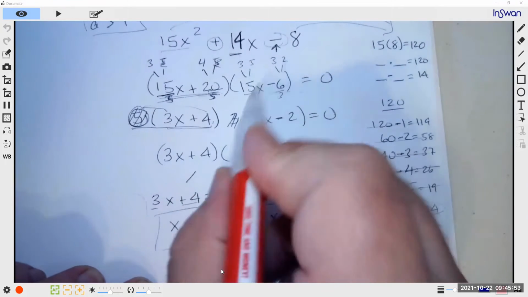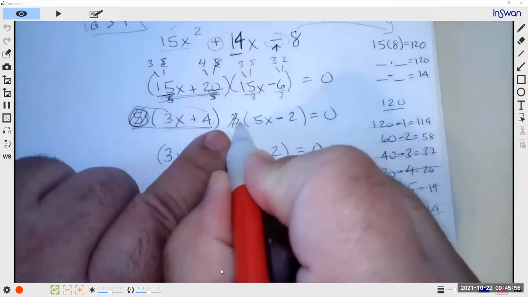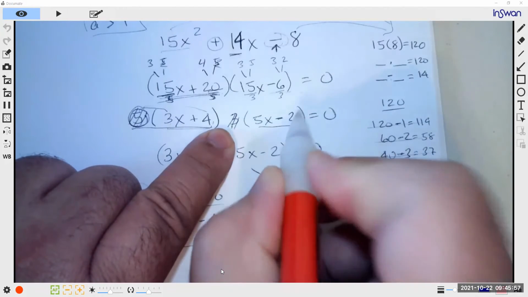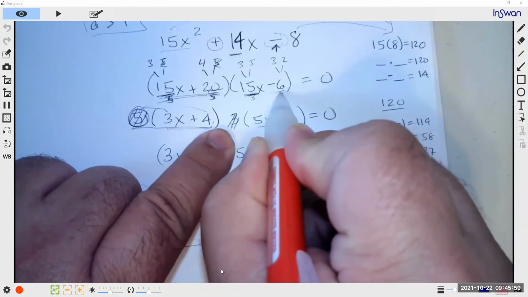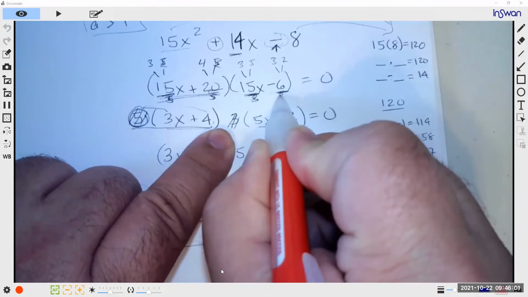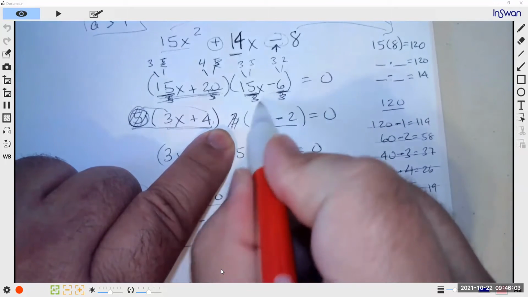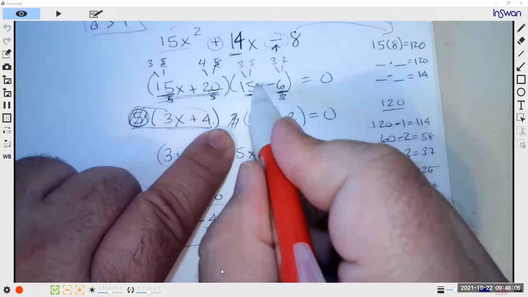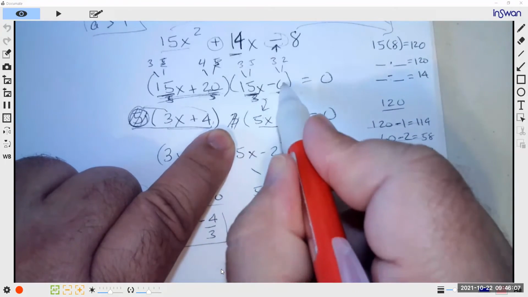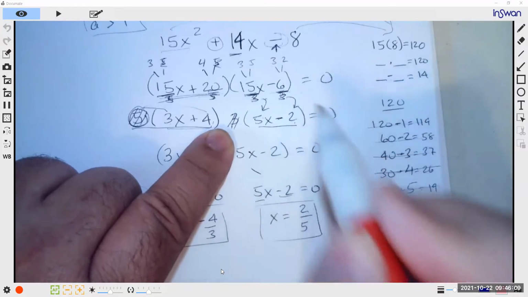They both have a 3 in common, so take out a 3. To determine what goes inside there, I divide both of these numbers by 3. 15 divided by 3 is 5. 6 divided by 3 is 2.